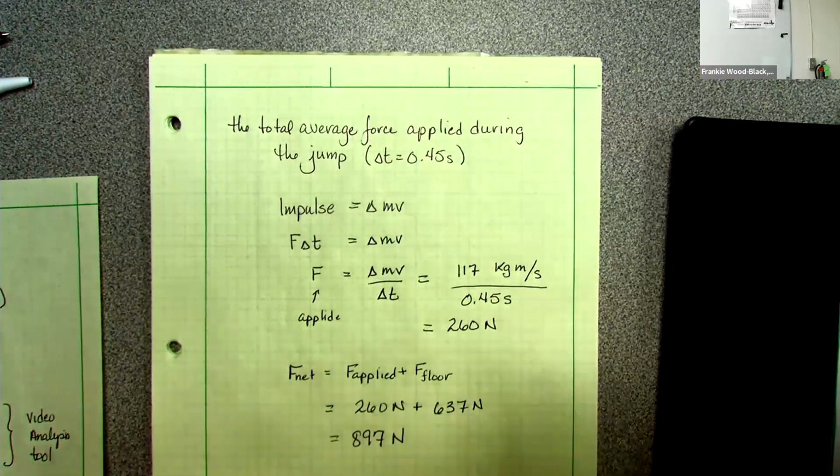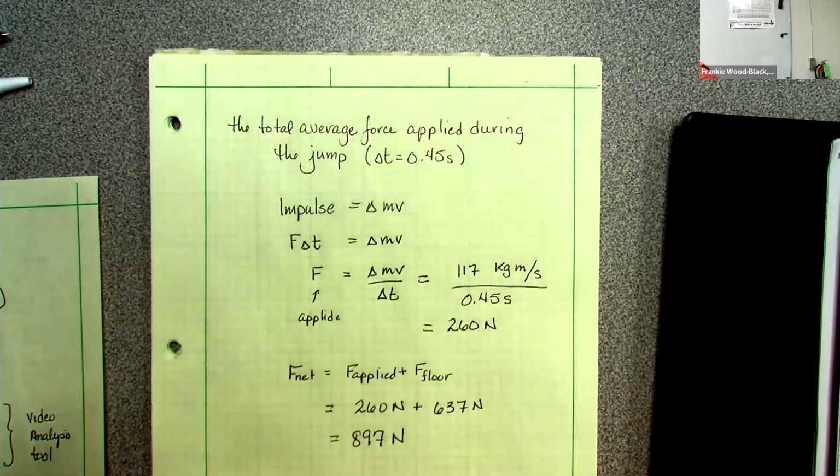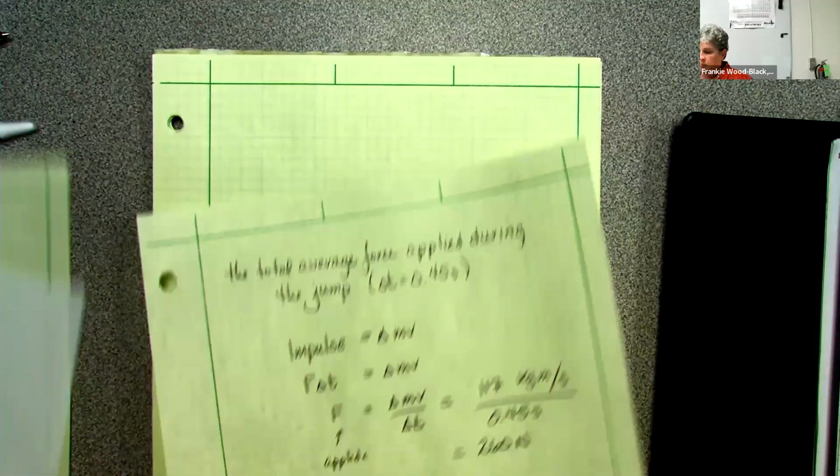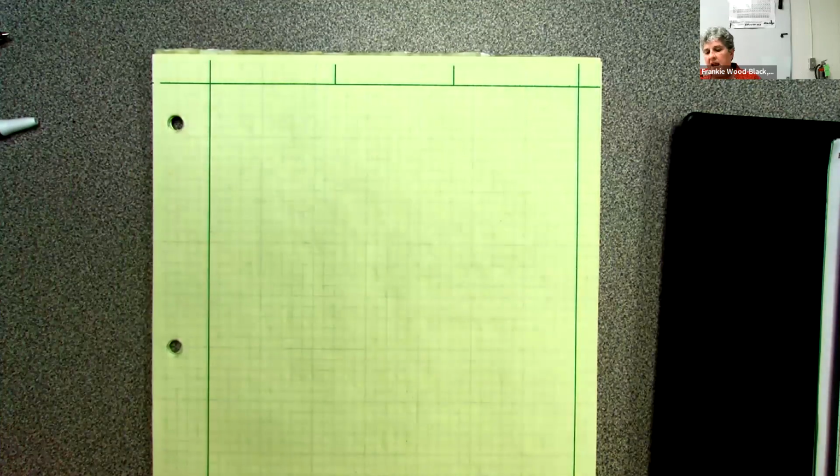So we're going to look at this idea of force and impulse just a little bit differently as well, from another perspective, because we've played with this perspective a lot.